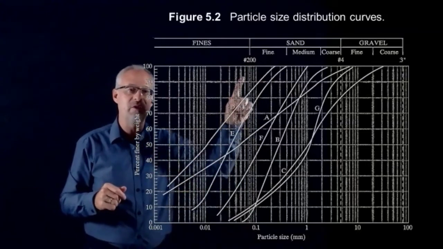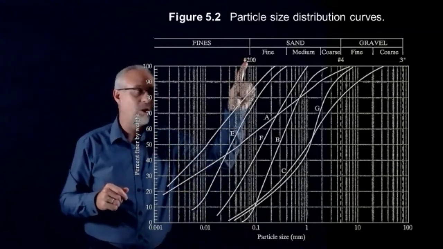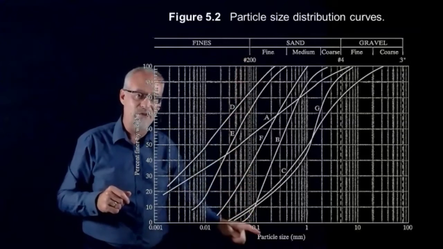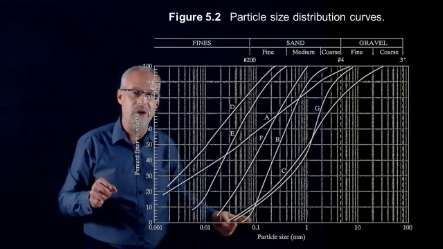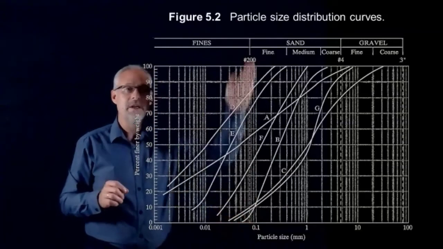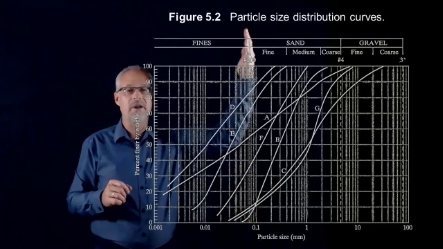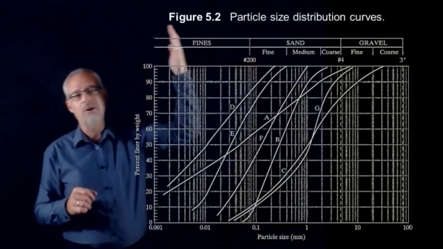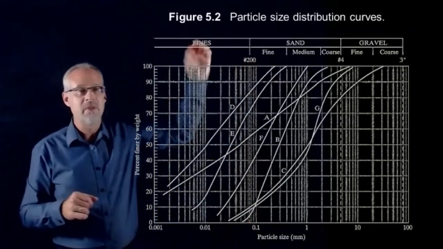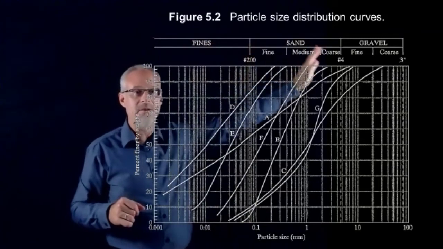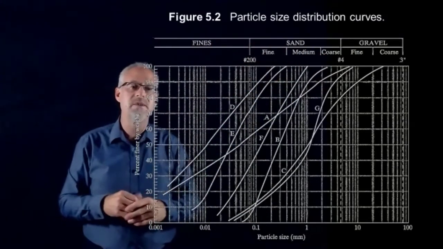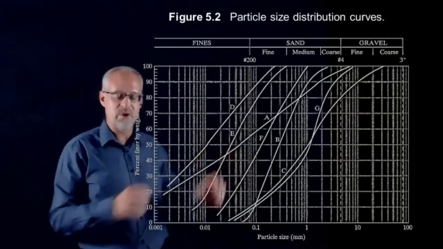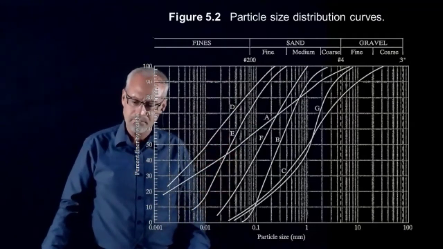If you follow this line all the way down, you'd find that it crosses somewhere in here, which is 0.075 millimeters. And this is where we define silt and clay on these sides. And then you can see sand and gravel. The number 4 sieve is the division between sand and gravel. That should be just a nice quick refresher.